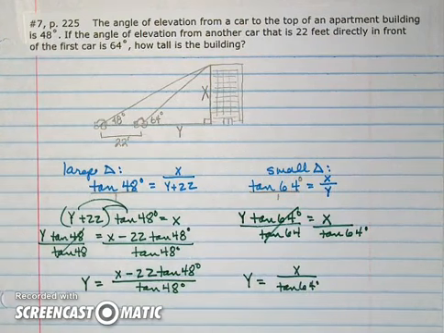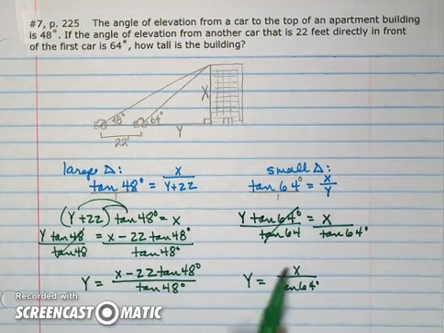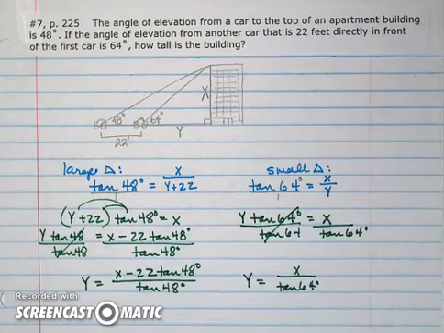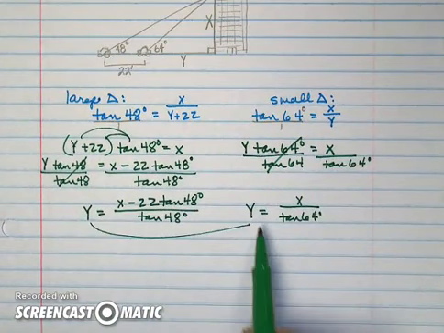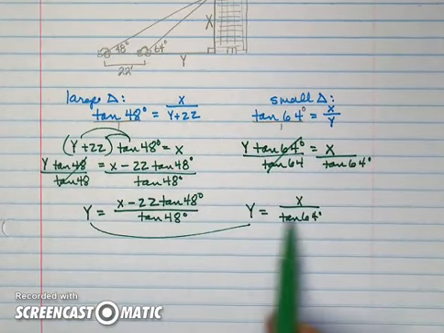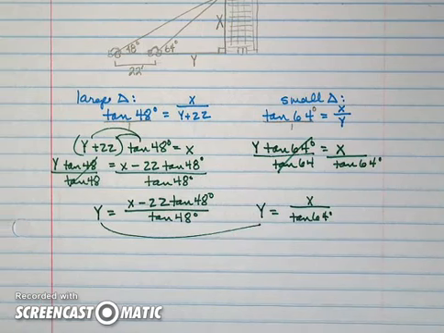So if you have both these y values, now if you set those equal to one another, I'm only left with x's, which is the height of the building, which is what we want. So we are now going to take both of these, they're both y's. I'm going to set both of these equal to one another, and I'm essentially going to cross multiply here.